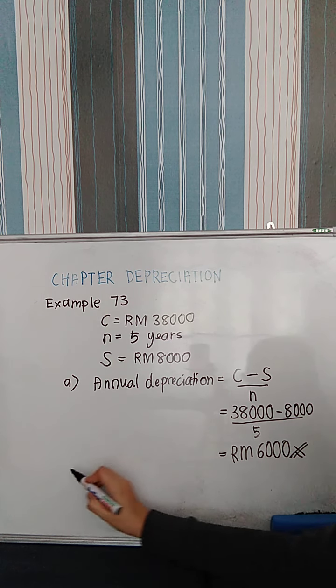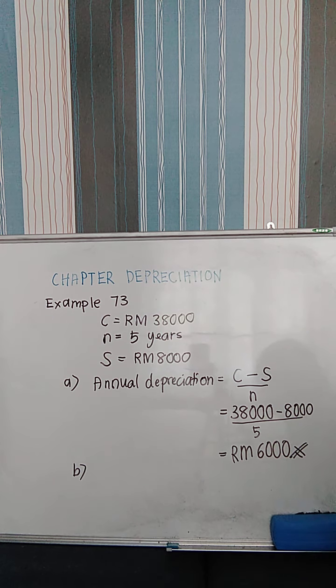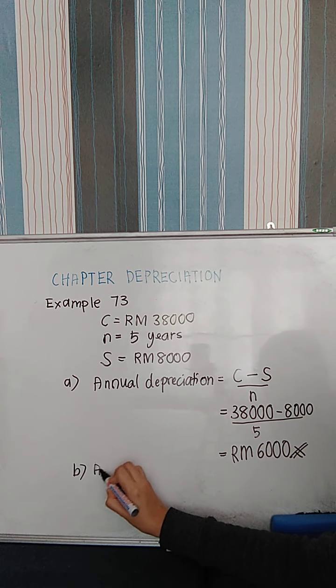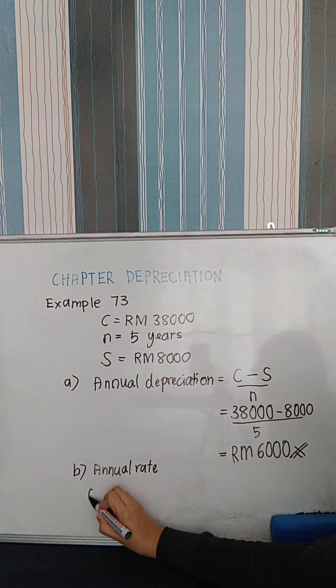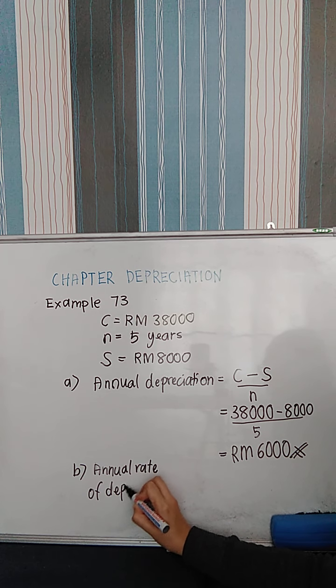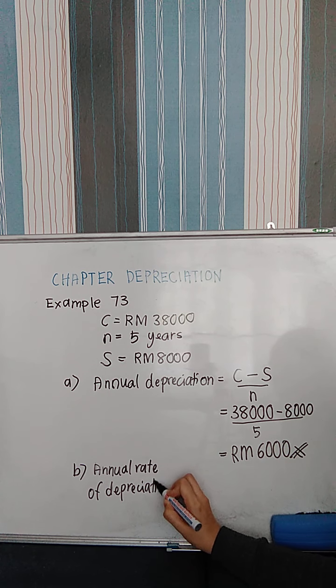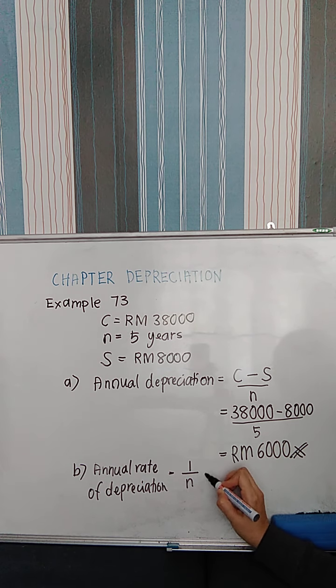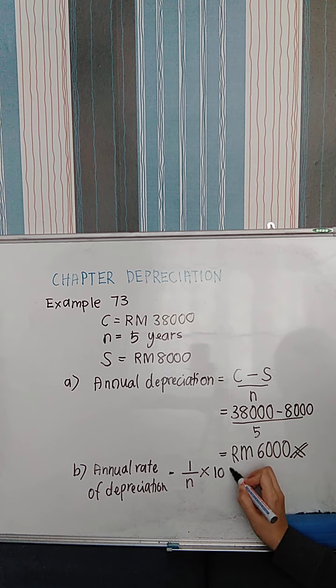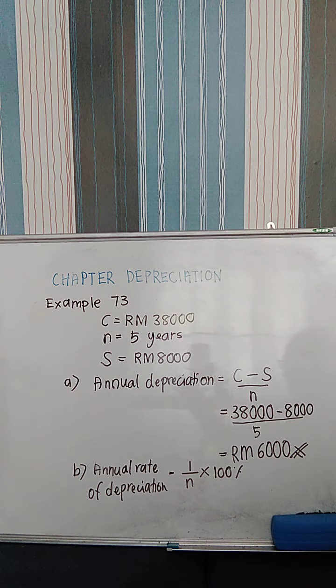Next, we continue to B. Calculate the annual rate of the depreciation. The formula is 1 over N, 1 over useful life times 100%.